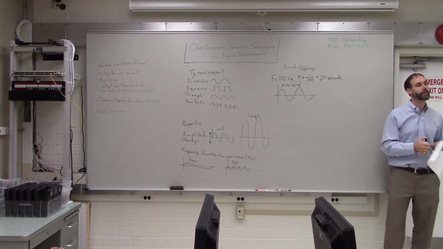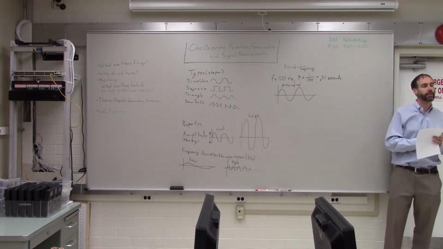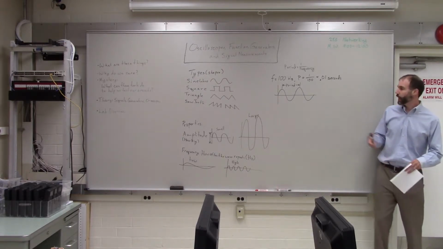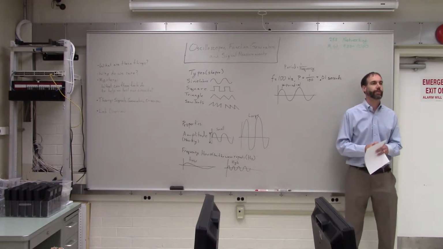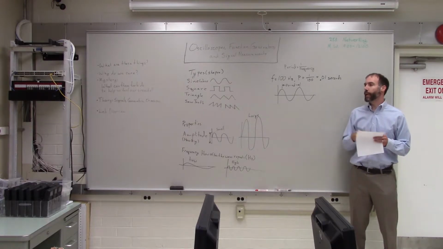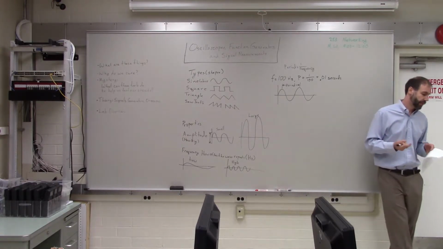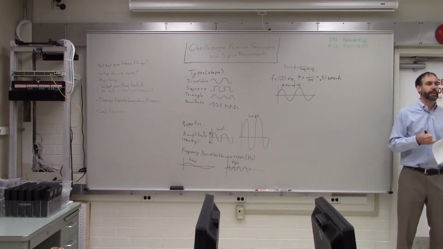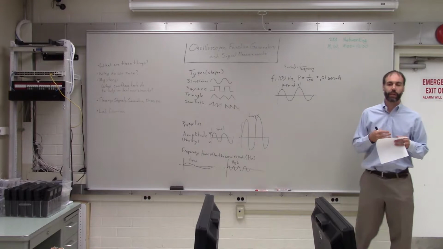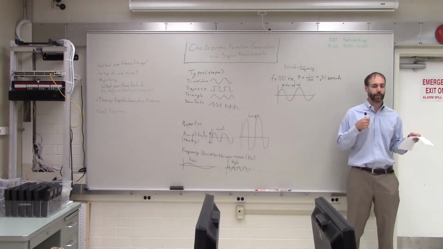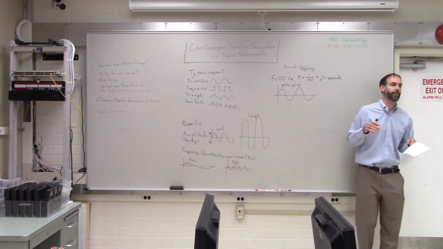I was wondering why the different shapes are used. Sine wave versus a square wave, triangle wave. Why we have a function generator that can create those different shapes? Well, different applications require different shapes. For instance, if you're talking about audio applications, sound typically comes in sine waves. So if you hear a pure tone, like when you pluck a string on a guitar, that tone is a sine wave at a particular frequency.